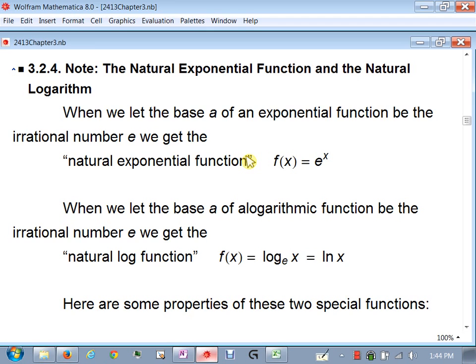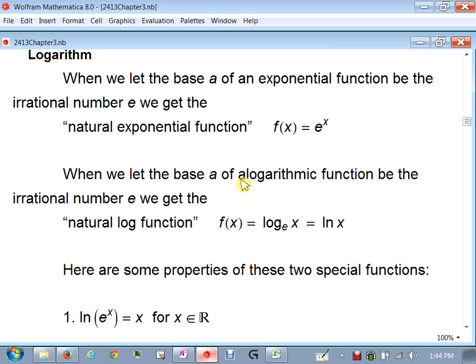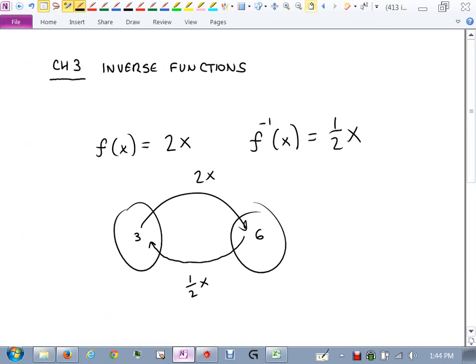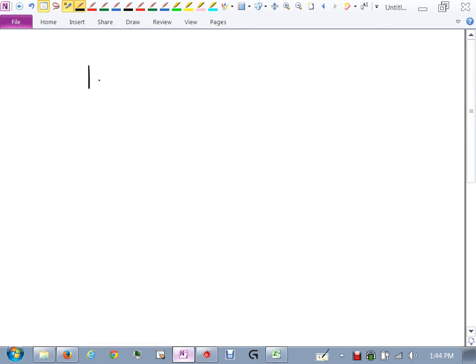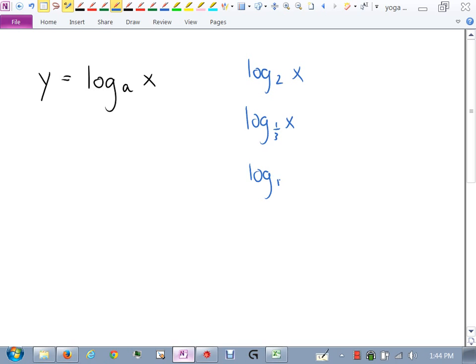Now, a little bit of background, because I think this is worth talking about. When you were learning about logs, and they gave you y equals log base a of x, they said that's a function. They said the a here could be any positive number, but just not 1. And so you could have, as examples, the log base 2 function. You could have log base 1/3. You could have log base pi, that would work. You could have log base 10.